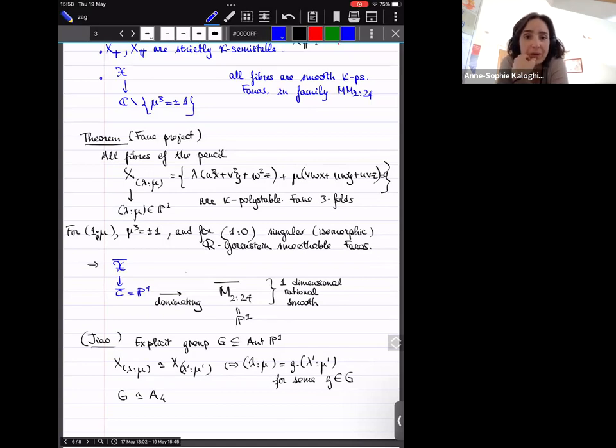My main question was the bit where we say, okay, this is one-dimensional, rational, smooth, so P1. This argument should apply whenever the K-moduli is one-dimensional for all Fano threefolds, no? Yes, because we always manage to find in an ad hoc way a parameterization by some subset of the affine line.